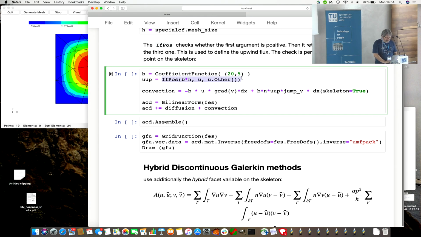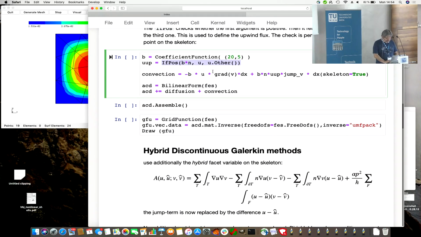With the if pos, we can build a decision whether the wind dot normal is positive or negative, and it either takes this value or that value. So it's like a ternary operator in C. And this if pos will also go into the expression tree and will be passed over to C, and whenever we are in an integration point, we choose which u we're putting in.